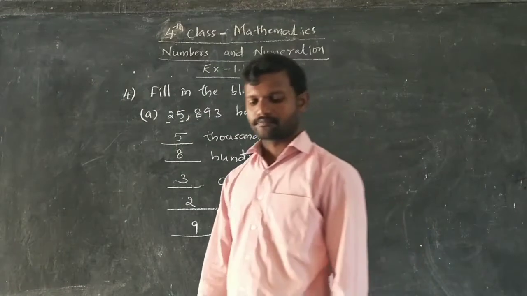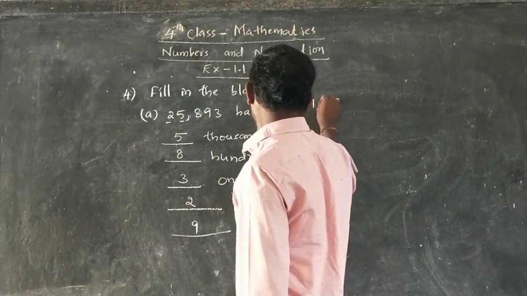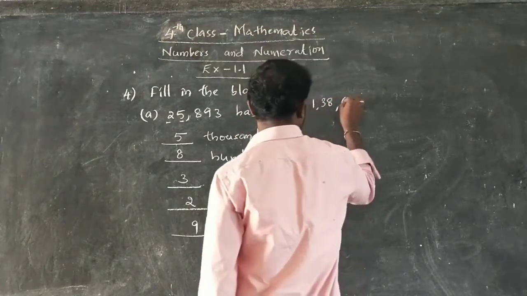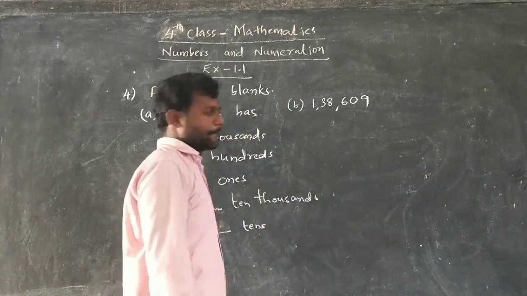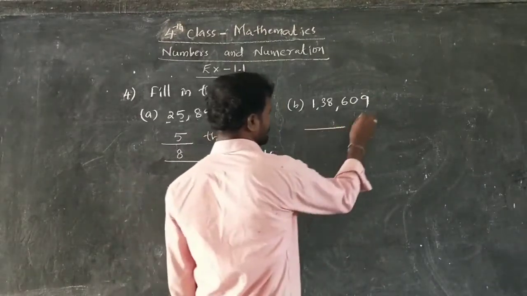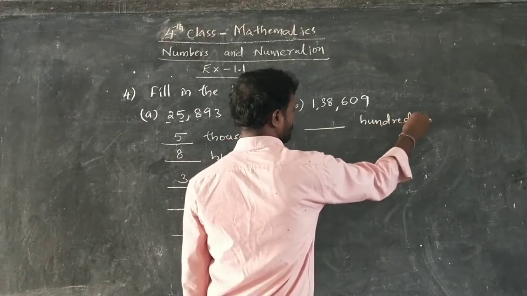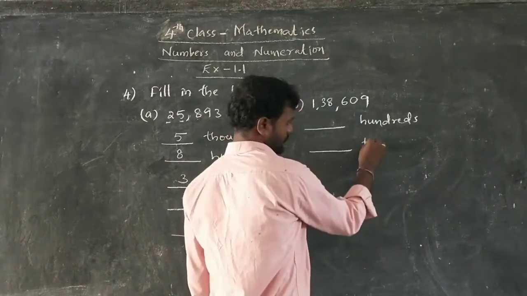Next one, B. It is given. Okay. Now first dash hundreds. Next dash 10,000s.